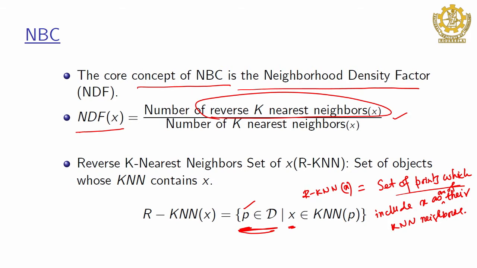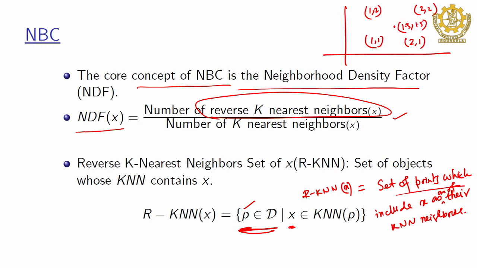So, one example will be better. Let us say in the earlier example, you have a point (1, 1), then you have a point (2, 1), you have a point (2, 2), you have a point (1, 2), and then we have a point (1.5, 1.5).